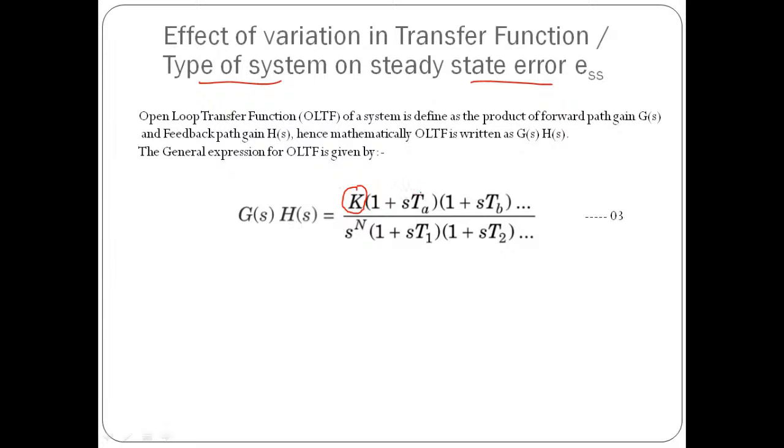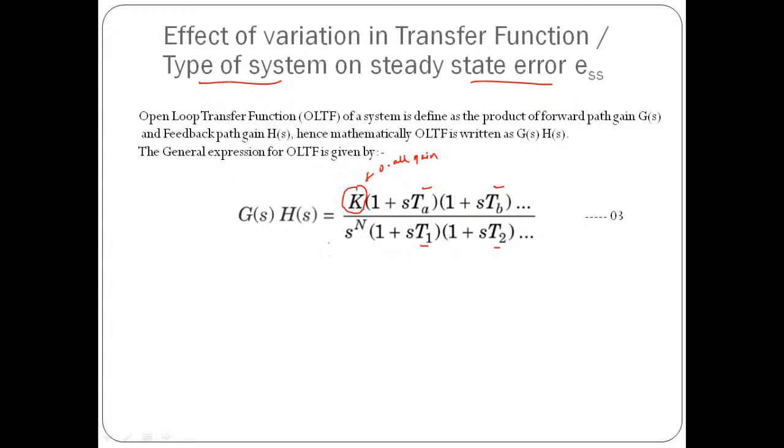So this Ta, Tb are responsible to form the zeros of the system, whereas this T1, T2 and so on are responsible to form the poles of the system, and K indicates the overall gain of the system.